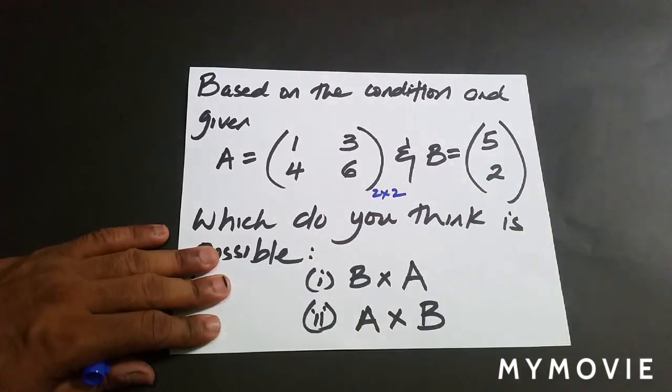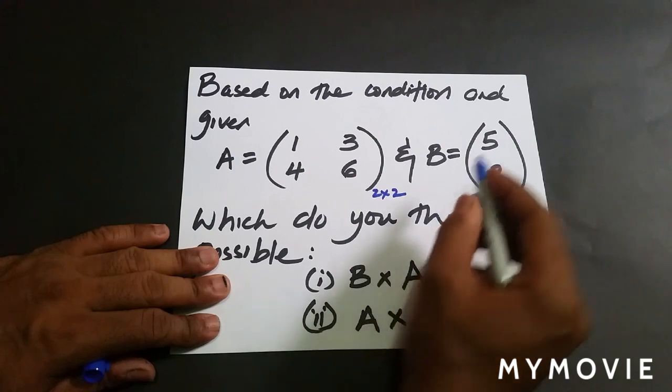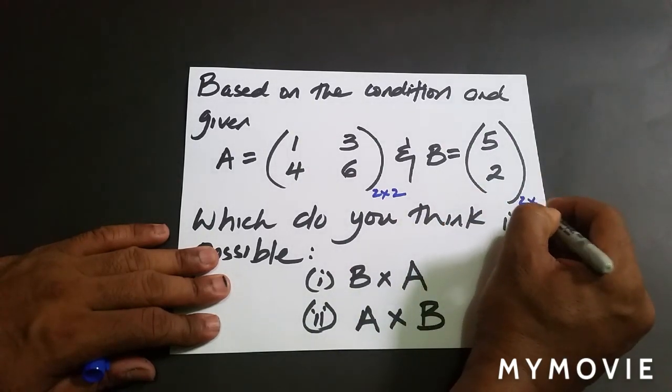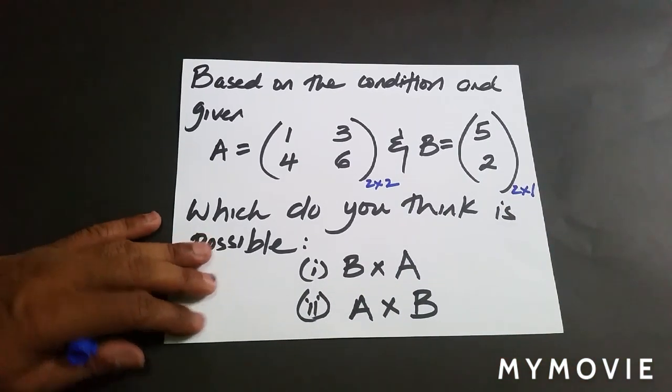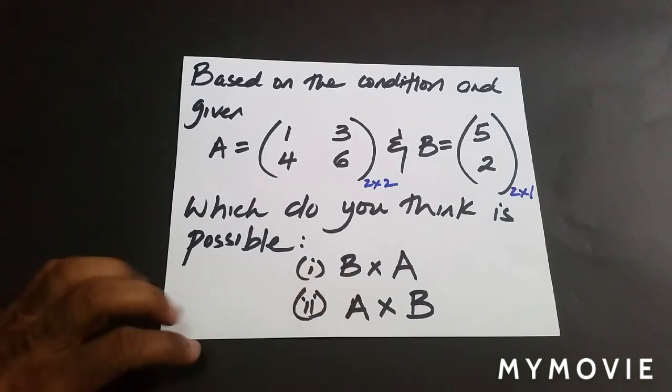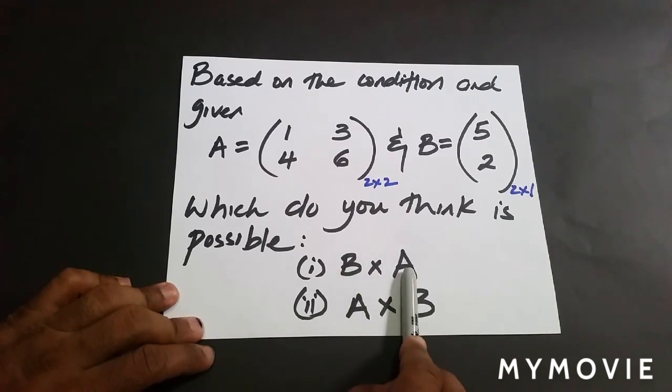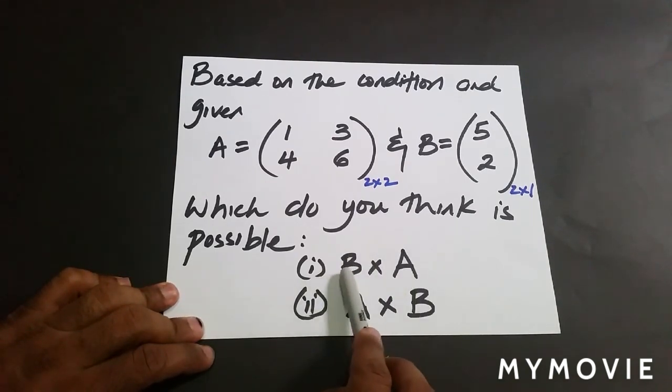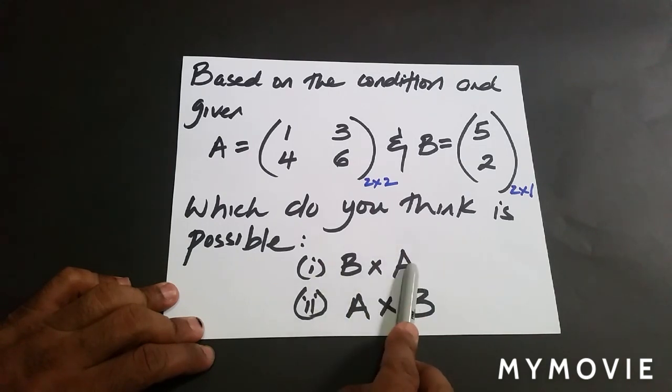I think we mastered the order of a matrix by now. And the order of matrix B is obviously 2 by 1. It is very important to state the orders of the matrices before we proceed. So it says, which do you think is possible, B times A or A times B? In the first one, B would be the first matrix and A would be the second matrix. In part 2, A would be the first matrix and B would be the second matrix.